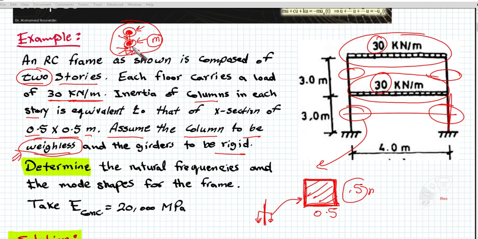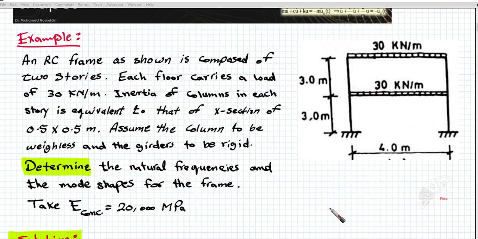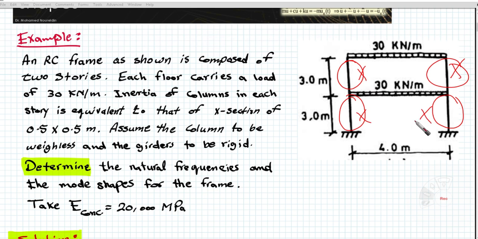So the masses involved with the columns are neglected. This means that we are getting closer to the understanding that each floor is going to have the lumped mass, and the remaining part of the system is not having mass that should be considered.